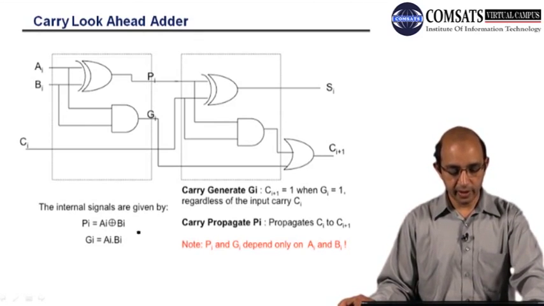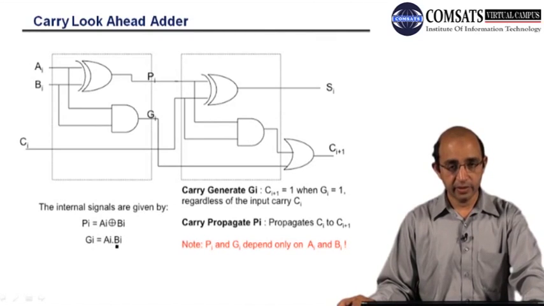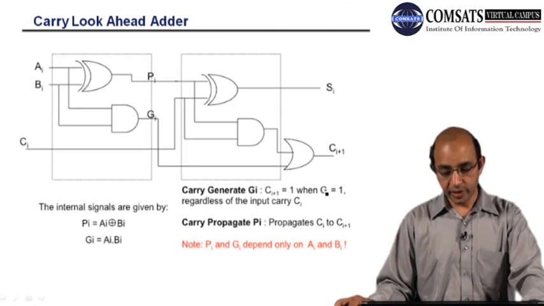Ai is ORed with Bi, and the generator is Ai ANDed with Bi, right? So carry generate, right? So Ci plus 1 is equal to 1 when G is equal to 1 regardless of the input carry, right? So Gi will be 1 irrespective of the input carry, right?